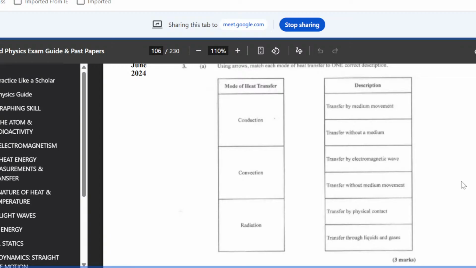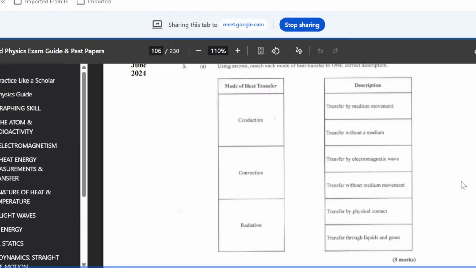Alright, we're going to come back to this. Transfer without a medium then is which one? Radiation. So transfer by electromagnetic wave is what? Radiation. Still radiation. So transfer without medium movement.